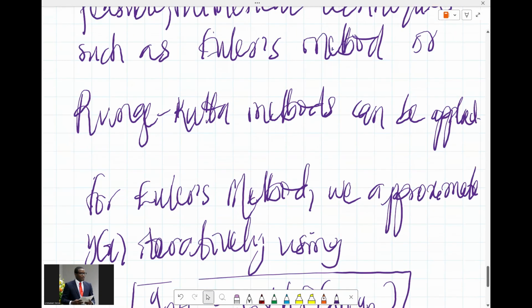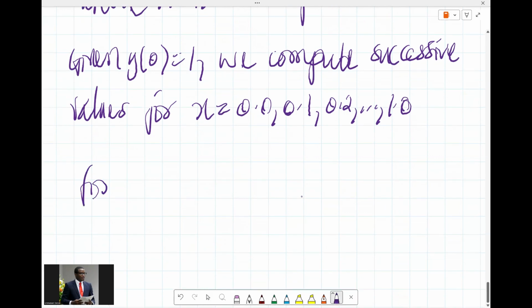Euler's method is the most basic. But sometimes we may be interested in higher accuracy.